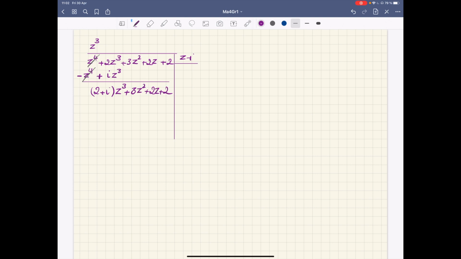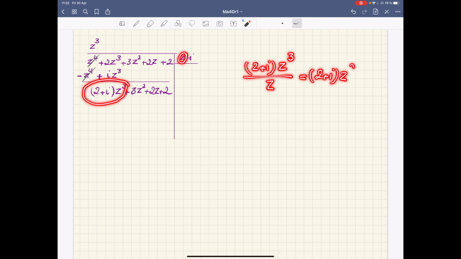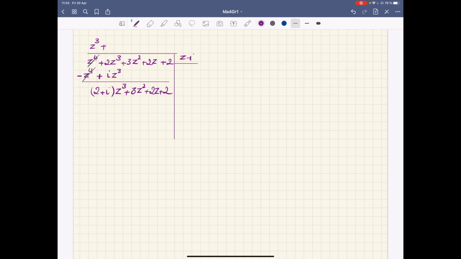Okay? And now again, I have to divide this by Z. So 2 plus I times Z cubed divided by Z becomes 2 plus I times Z squared. So this is what I have to transfer here. So this becomes plus 2 plus I Z squared.